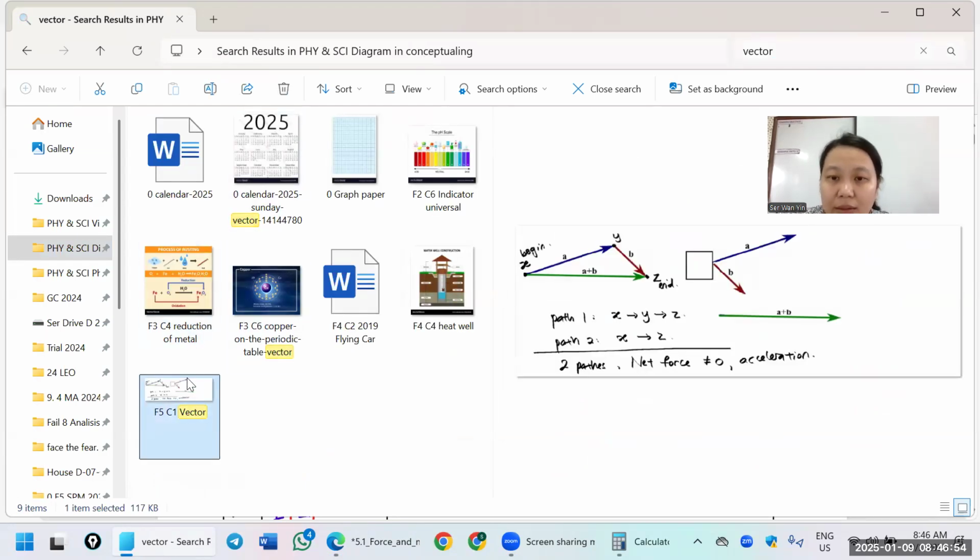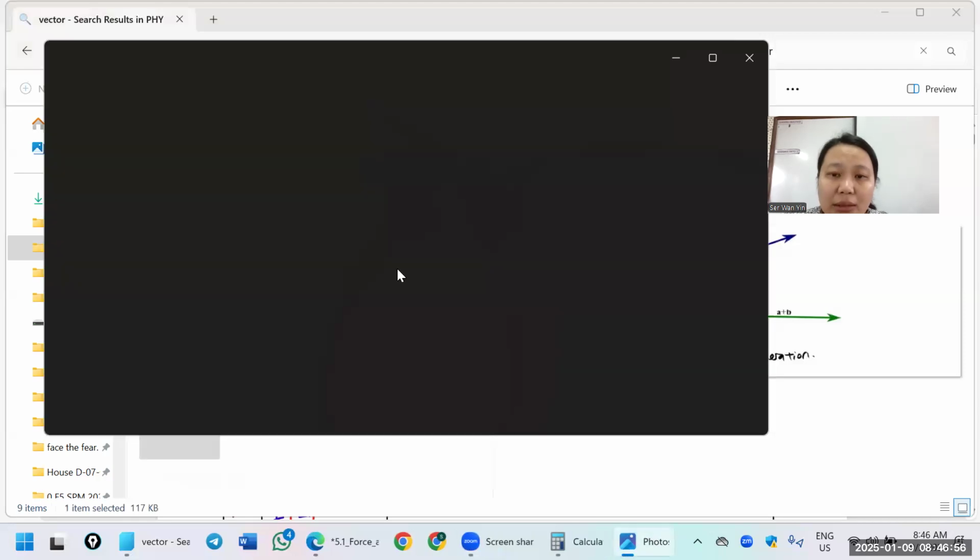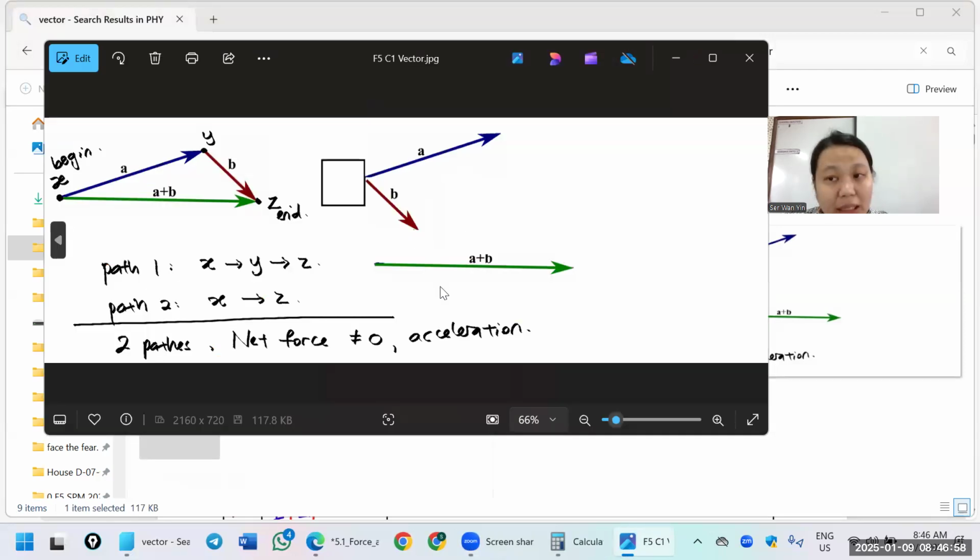It's this. So vector sum means when the forces are not in the same direction, we sum them up to become one single force.